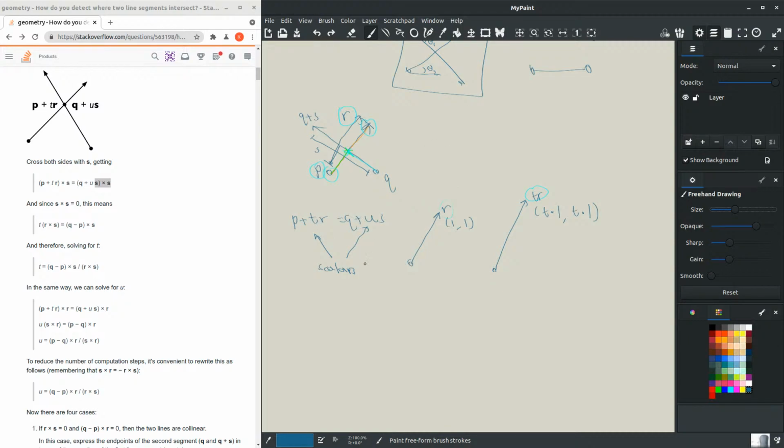Okay, so all we're doing here is eliminating the variables here so that then we can pull this out and then we can divide, and that gives us our t.